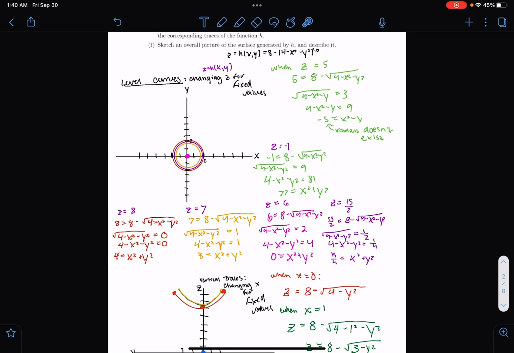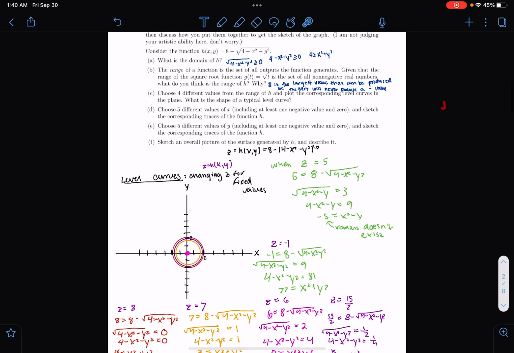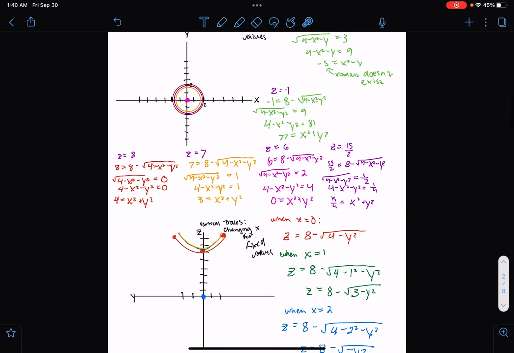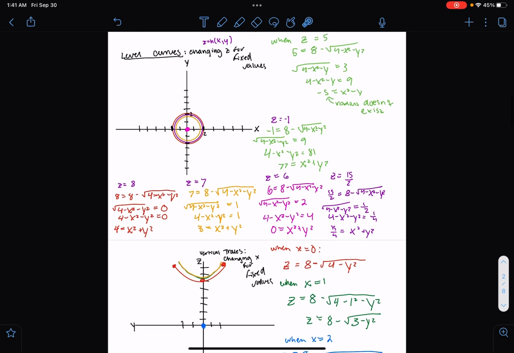I went ahead and plotted these circles out. It's important to note that it's a circle that we're generating. A typical level curve is going to be like a circle or a loop. A couple of important parts: when we put in z equals 6, we got the origin right here.